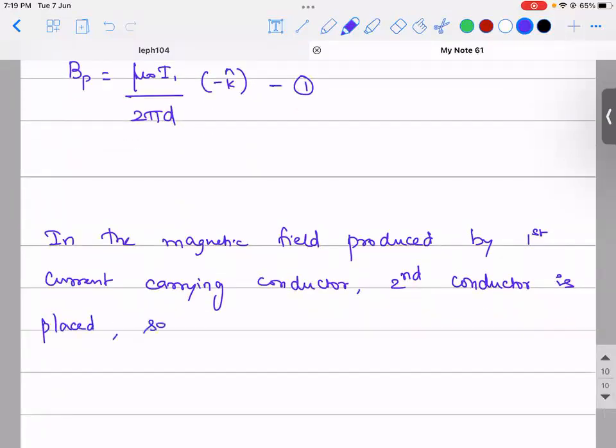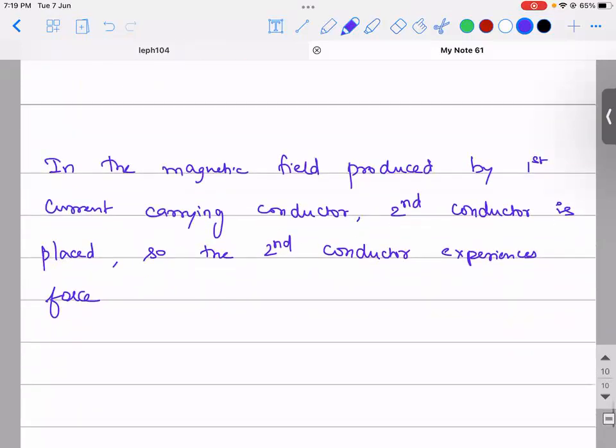So the second conductor experiences force, and if I call that force F21, meaning the force experienced by the second current carrying conductor due to the magnetic field from the first conductor, it will be the current flowing in the second conductor, into the length of the second conductor, into the magnetic field produced due to the first conductor, that is B_P, into sine of 90 degrees.